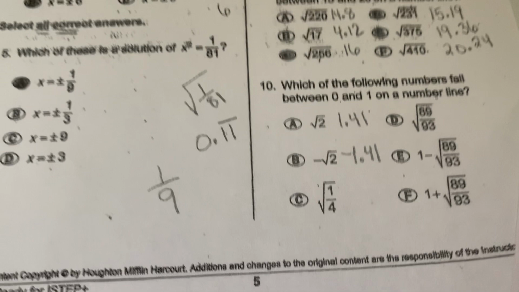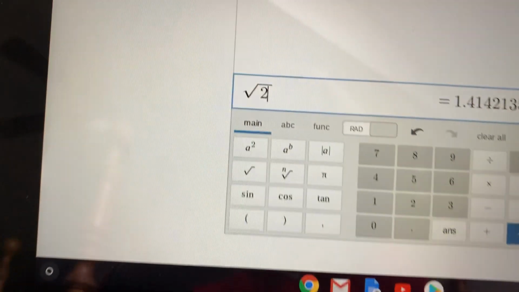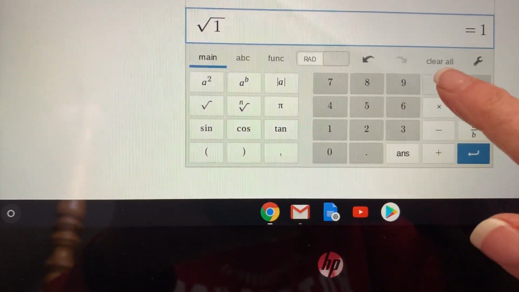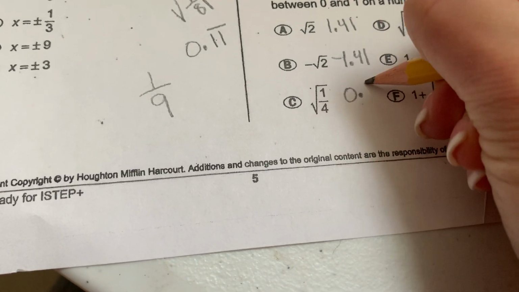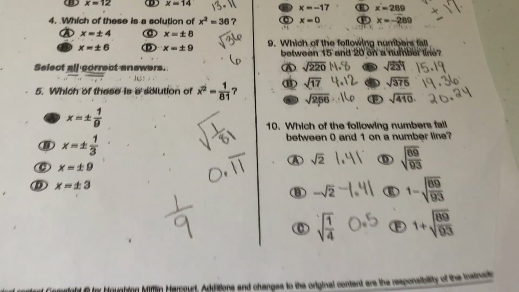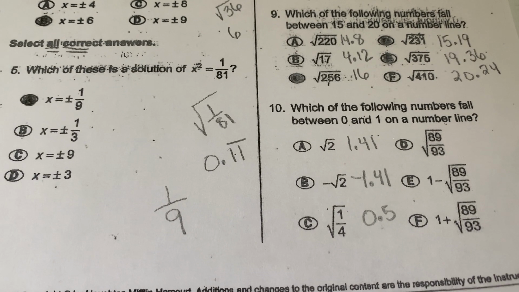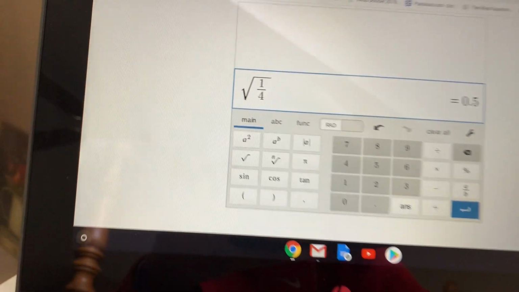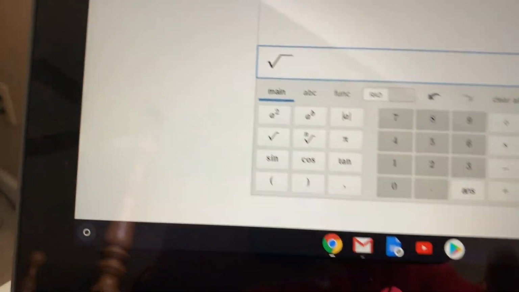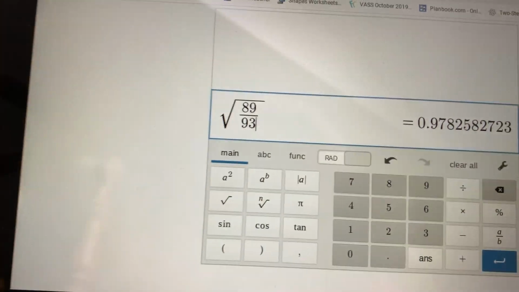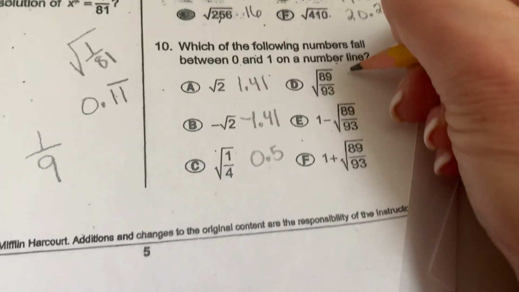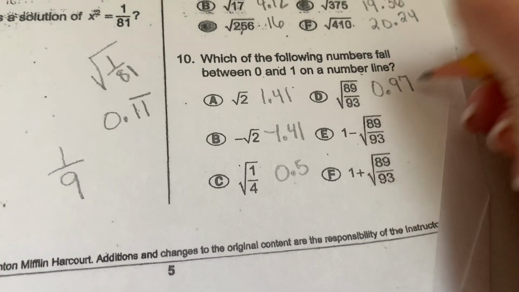C is the square root of 1/4. So I'm going to go back to here. I'm going to do 1 divided by 4, and we get 0.5. So let's write that down, 0.5. Now we have 89 over 93. So let's go back and backspace, and we're going to do 89 divided by 93, and we get 0.97, 0.97.